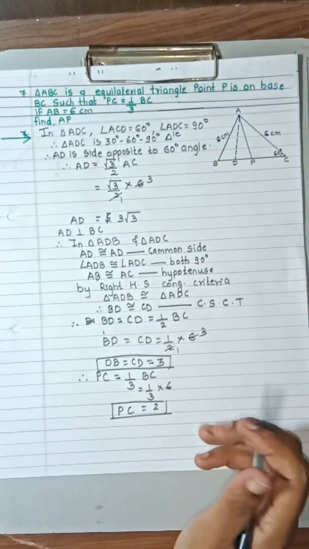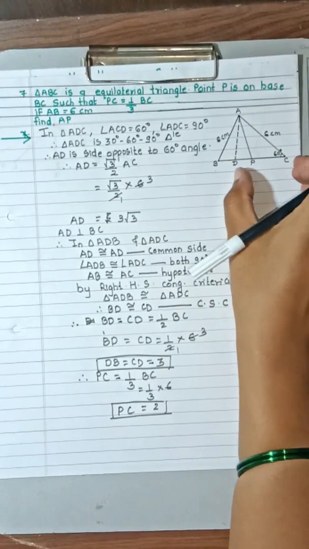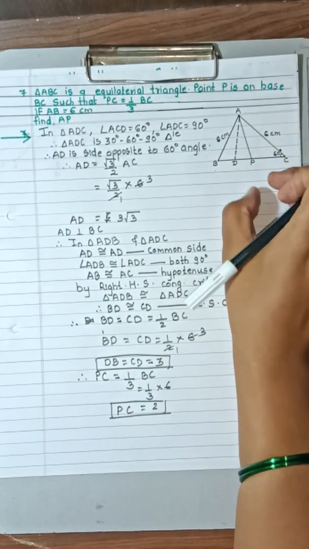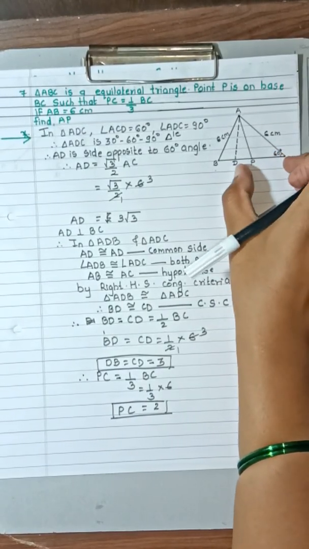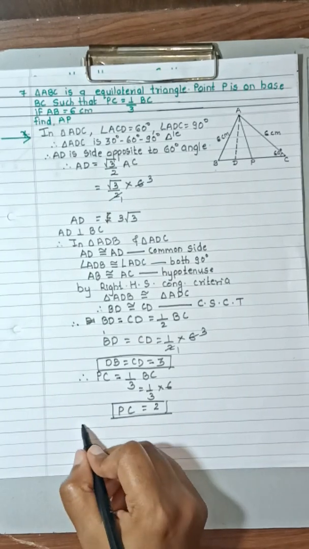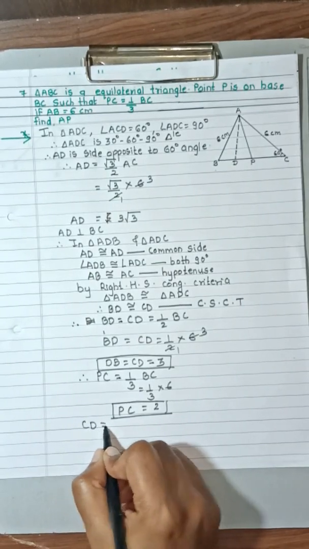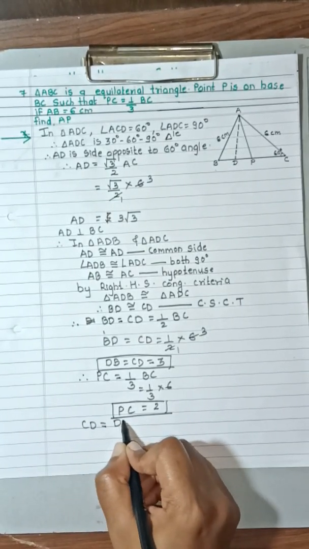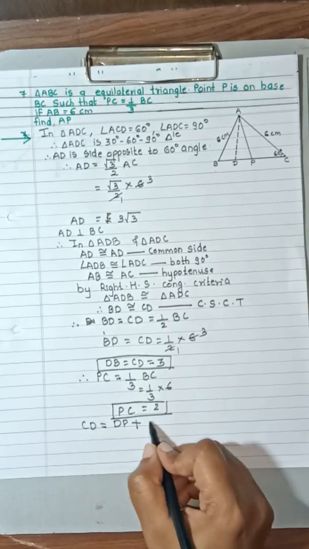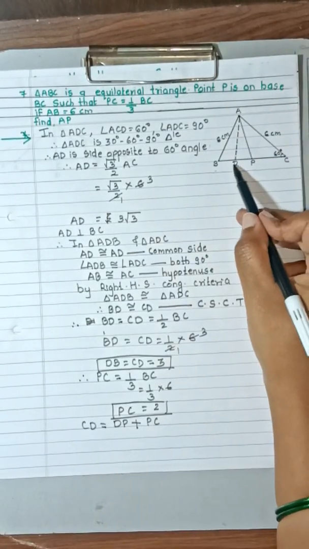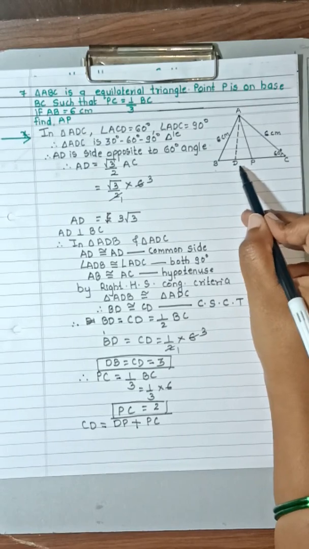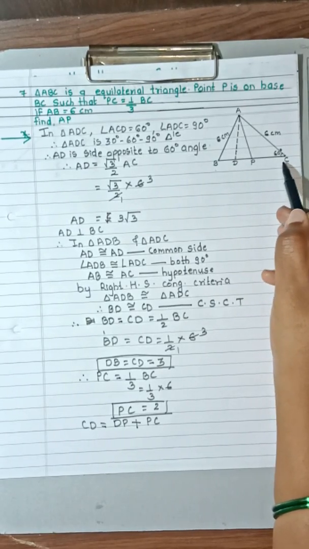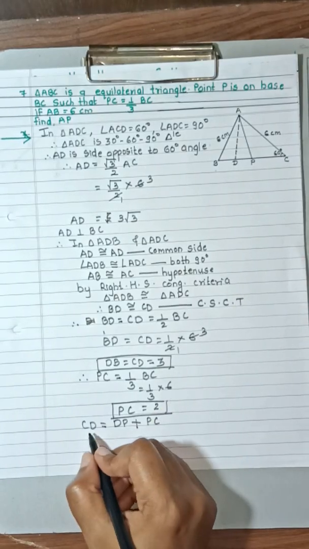Then children, you know that CD is equal to DP plus PC. I'll write down here CD is equal to DP plus PC. Only this much we have to consider. Now CD is how much?